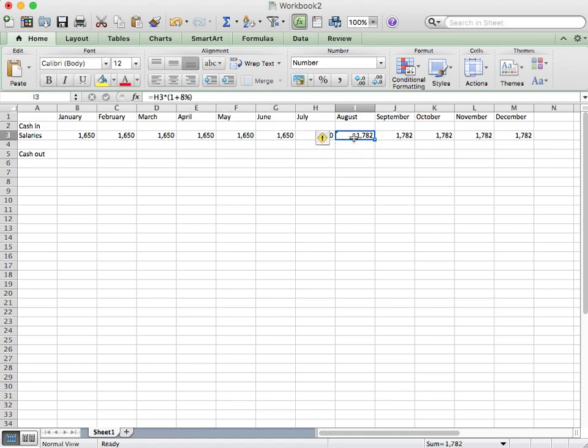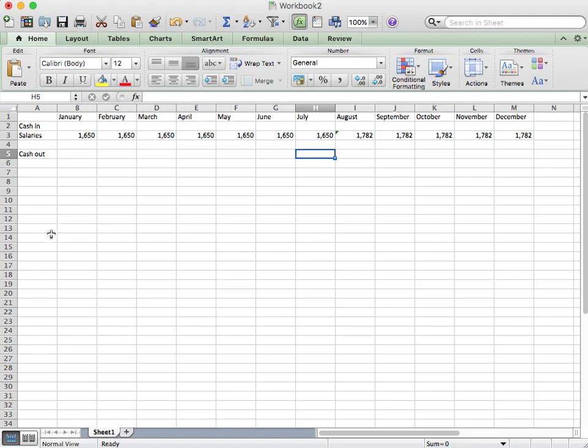In other words, up to 1,782. And because September equals August's figure, it's automatically updated the model for all subsequent months. So that little trick of knowing how Excel will work with numbers means you can save yourself a little bit of trouble with numbers. But you've got to be very careful here. Okay, that is the only cash in.